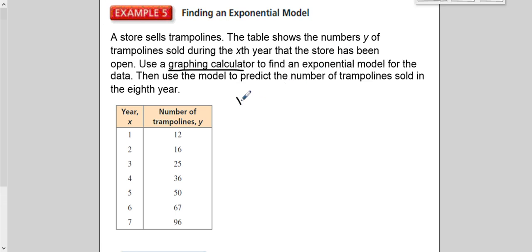So for an exponential model, we're going to use Y1 is approximately equal to A times B to the X1. So we'll go to Desmos, add table, put in these numbers, and then this is the equation we'll type in box 2. All right, here we go. Okay, it's the numbers 1 through 7.